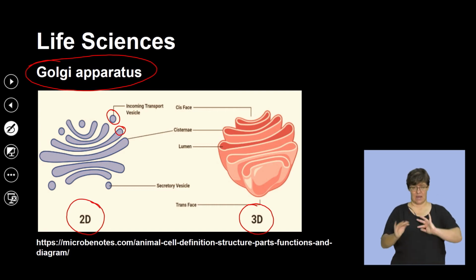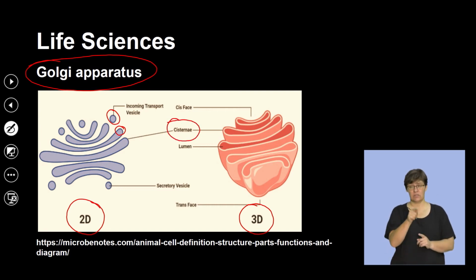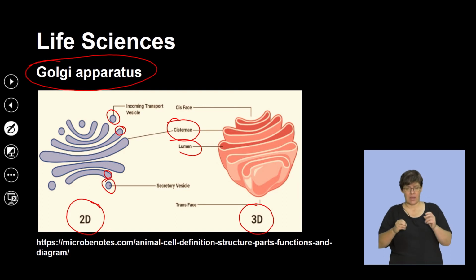So again, these cisternae are folds of membranes that break off, which have an internal lumen, so they're hollow but contain a secretion on the inside that bud off and form vesicles, which are smaller little vacuoles.